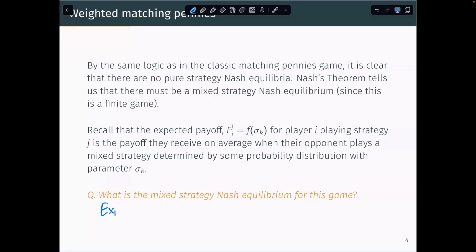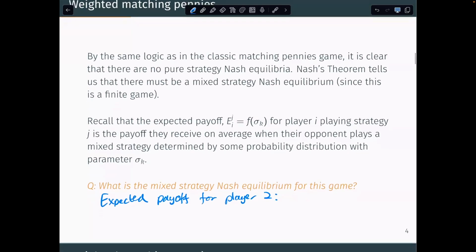If you recall, the way we solve this is we pick one of our players. So I'm going to look at the expected payoff for player 2. I'm going to assume sigma_i is the probability of player i playing heads.